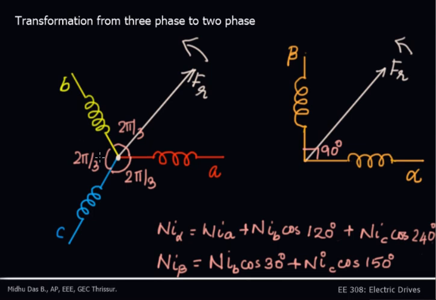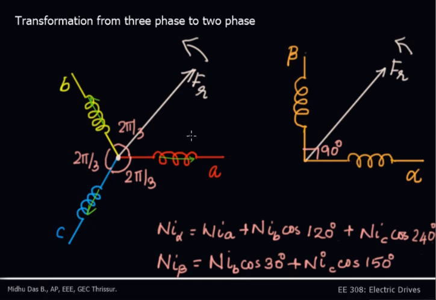Now you can see here I am representing the 3-phase windings like this. This is the A phase winding, so this is the direction of MMF produced by the A phase winding. This is the B phase winding, this is the direction of MMF produced by the B phase, and similarly this is the MMF produced by the C phase.